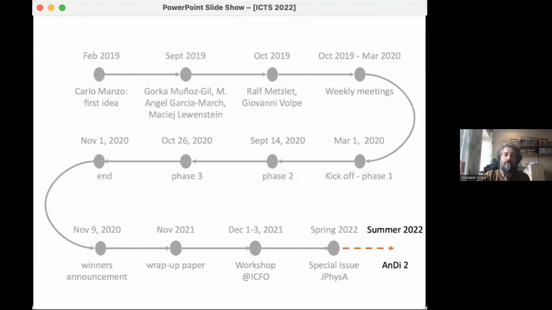And finally, I must say that we are now organizing a second challenge, which probably will be online in the summer of 2022, so in a few months. This is a follow-up challenge in which we explore different aspects. This time we will explore trajectories and videos, so it's much more, in a sense, related to what biologists are really interested in, which means to be able to actually analyze their data.